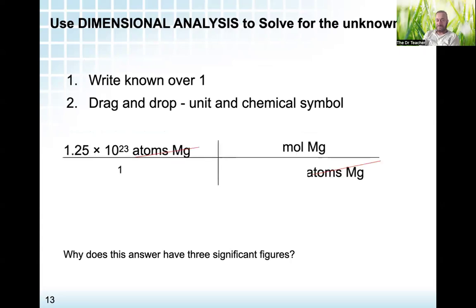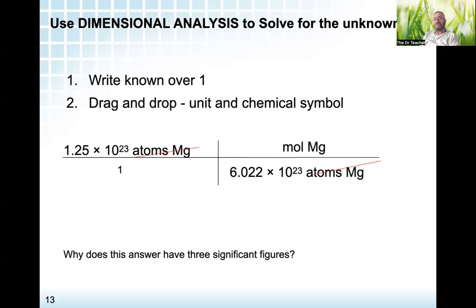So you have 1.25 times 10 to the power 23 atoms of magnesium. That's for each mole. If we have 1 mole of magnesium, how many atoms will that be? So we have to introduce 6.022 times 10 to the power 23, because this is the original mole. In each mole you have the Avogadro number, but we've been given the number already.